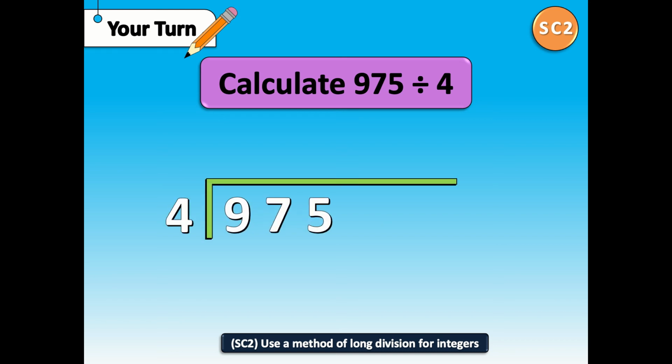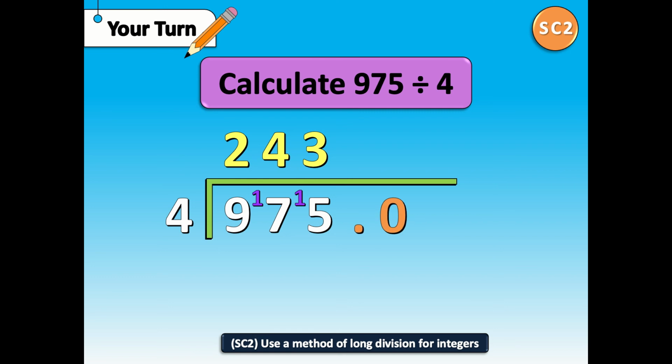So we use a bus stop method with 4 on the outside and 975 on the inside. 4 goes into 9 twice with 1 remainder. 4 goes into 17 4 times with 1 remainder. And 4 goes into 15 3 times with 3 remainder.